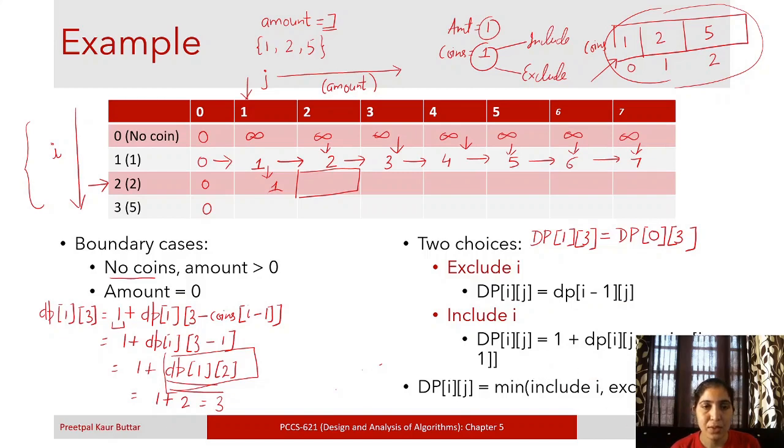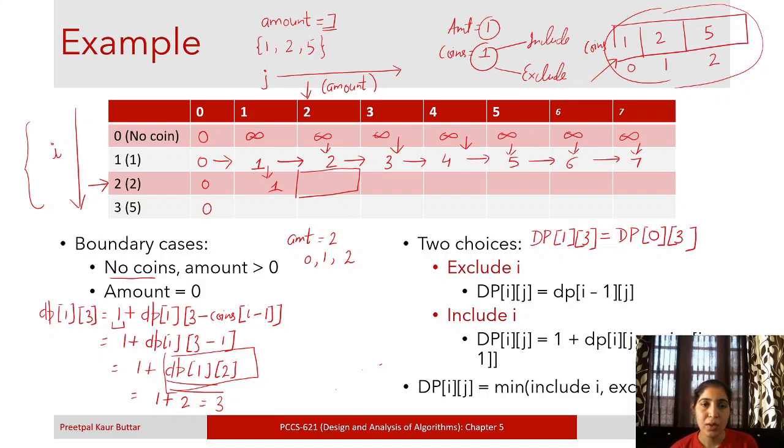Here the amount is 2, right? You can see that the amount we are trying to make is 2, and now you have 0, 1 and 2 rupee coins. 0 means that you do not have any coin, and you have a 1 rupee coin and a 2 rupee coin.